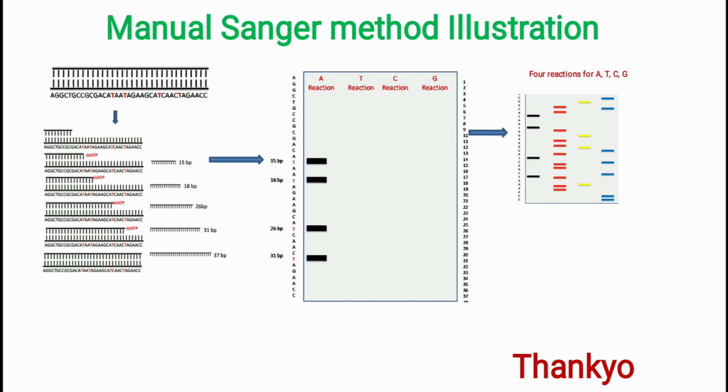So in this reaction, for example, the first one is C, the second one is G, and the third one is again C, and likewise, from top to bottom, we can write the sequence, and we will get the complete sequence of the DNA. So this way DNA sequence is identified by the Sanger sequencing method. Thank you.